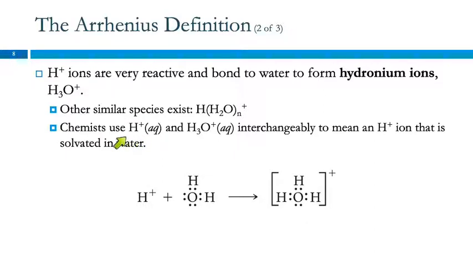So we tend to use H plus aqueous and H3O plus aqueous interchangeably. And what we mean by that, even when we say H plus aqueous, is that the hydrogen ion is attached to a water molecule. So I think of hydrogen ions as a little bit like very small babies, newborn baby, 3-month-old baby, right?